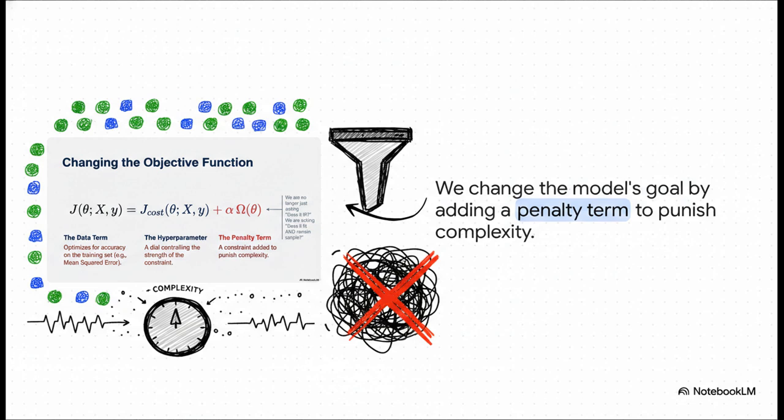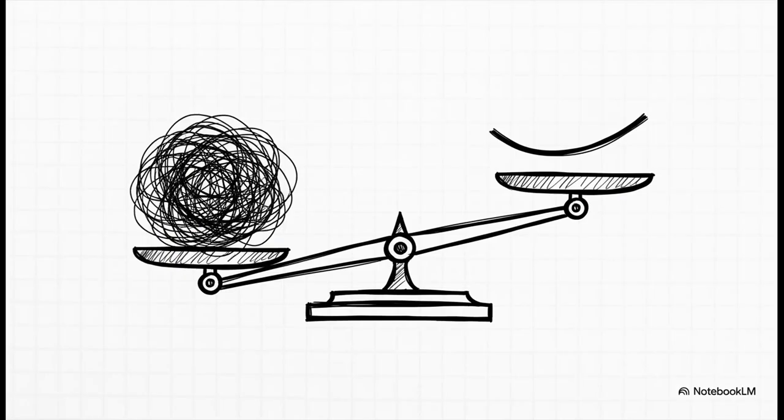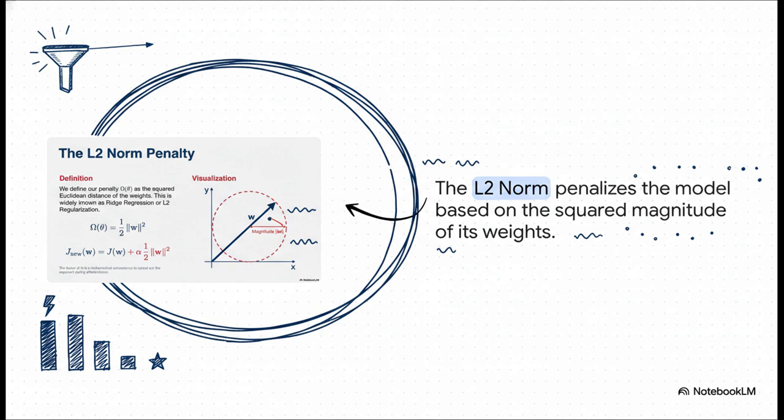It's a dial we can turn up or down to decide exactly how much we care about simplicity versus raw accuracy. So the model is now caught in this constant balancing act. It's a tug of war. It can't just find some ridiculously complex solution that perfectly fits every little noisy data point anymore. It's now being forced to find a solution that's not only accurate, but also simple. It's a fundamental trade-off.